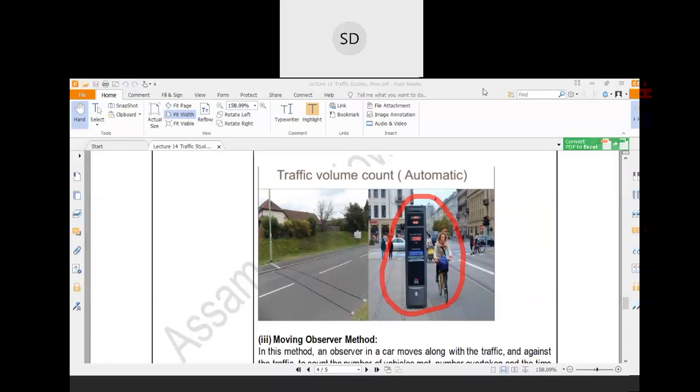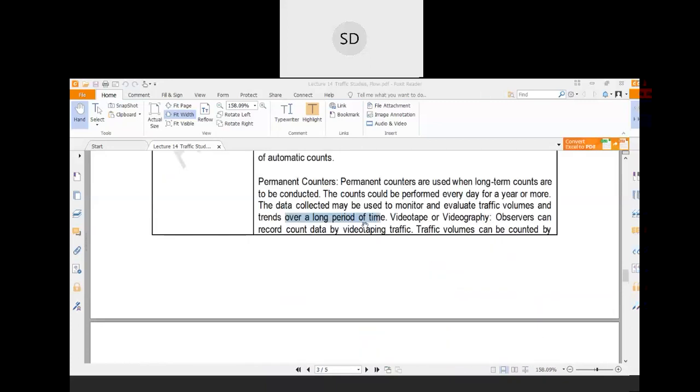Now, apart from portable and automatic counters, there is another type of counting, that is videotape or videography. Basically, this method is a semi-automatic method.